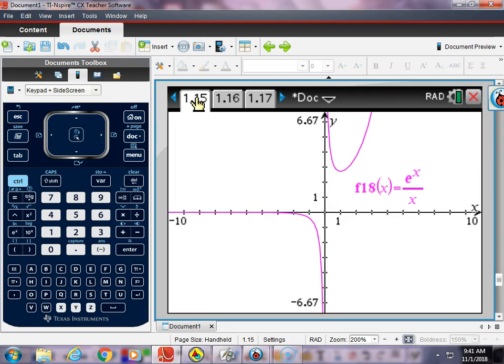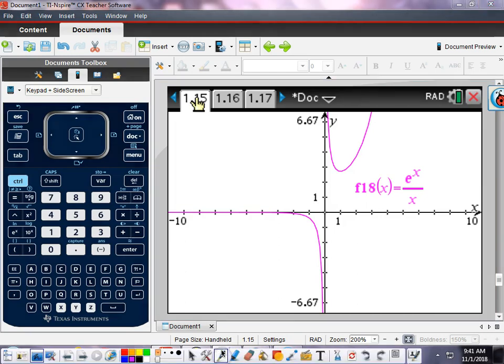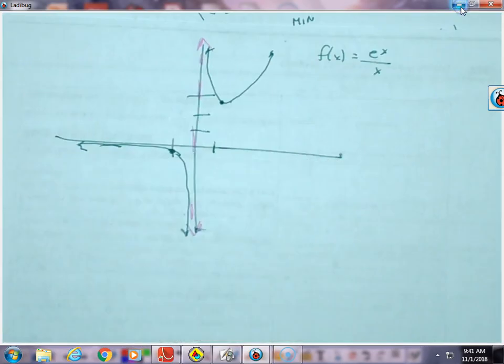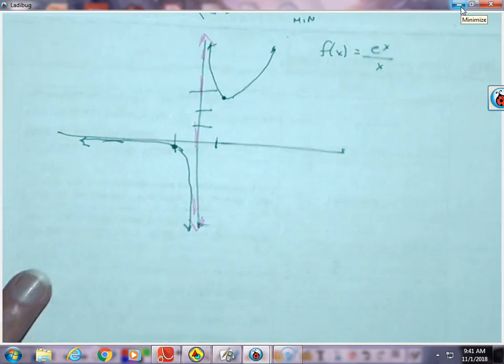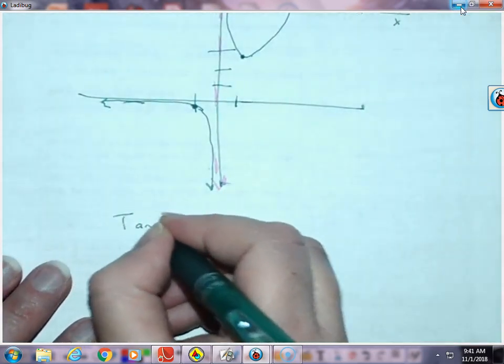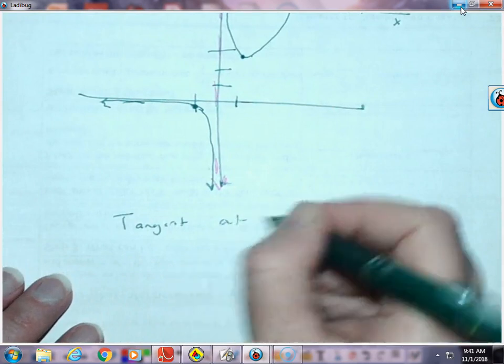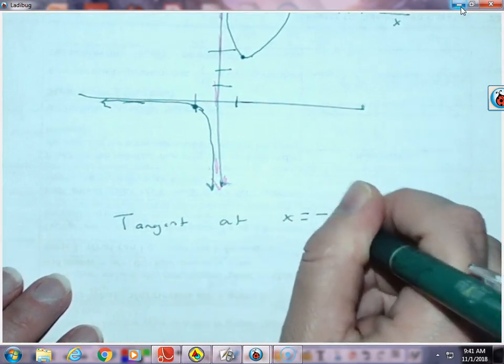So if we're looking for some kind of tangent line here, they just want the equation of that. And that really shouldn't be too hard because we've calculated a lot of stuff already. So a tangent line, I said -1, right?